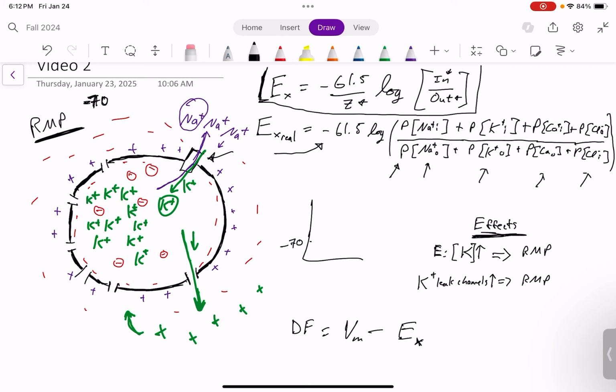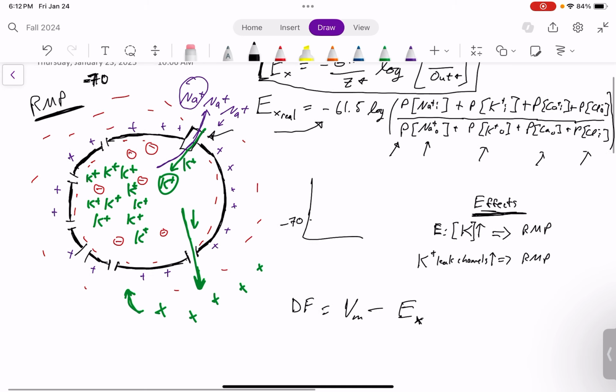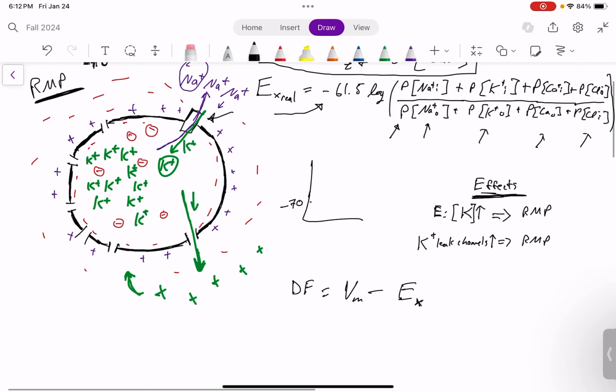And that helps us understand how the ions would move. For example, the driving force of, say, sodium: the voltage of the membrane is negative 70, and the equilibrium potential of sodium is approximately positive 55.